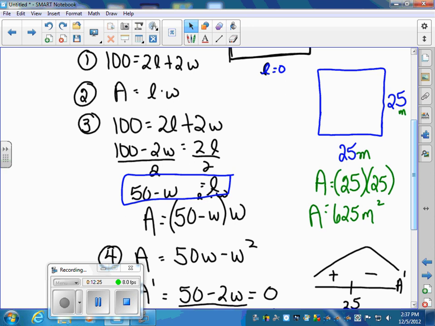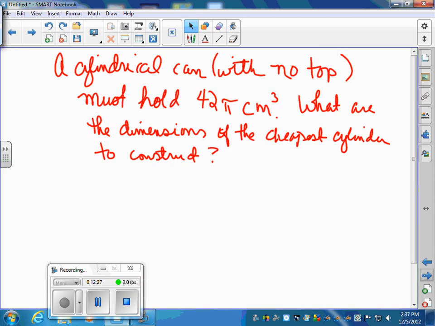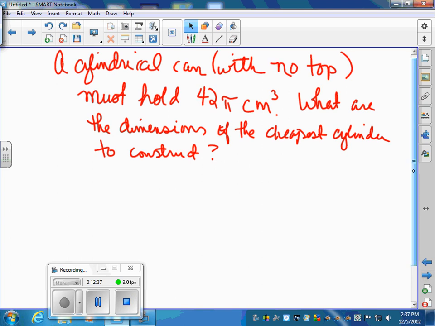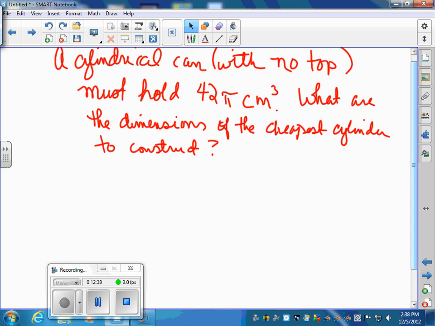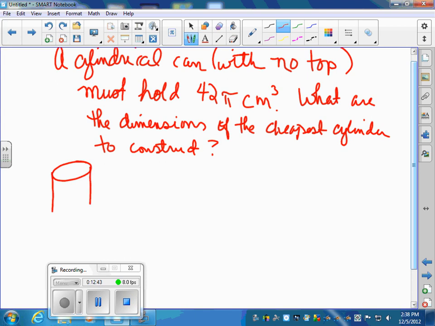Okay, now let's go back and look at our cylinder problem. So a cylindrical can, no top, is going to hold 42 pi cubic centimeters. What are the dimensions of the cheapest cylinder to construct? So let's think about a picture here. We've got a cylinder that doesn't have a top, and it has to hold 42 pi cubic centimeters.